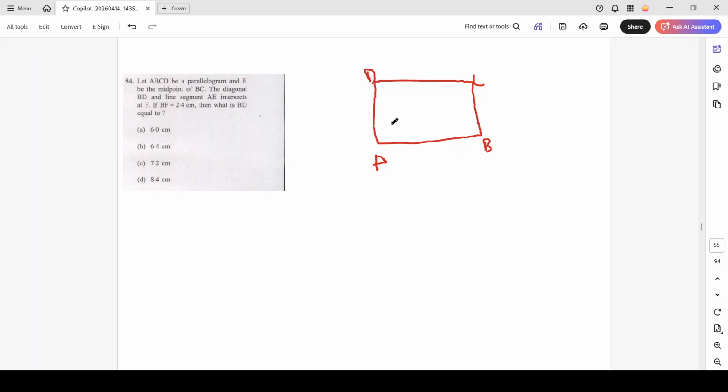Now E is the midpoint on BC, let's call this E. The diagonal BD and the line AE intersect at F. This is their intersection point F.